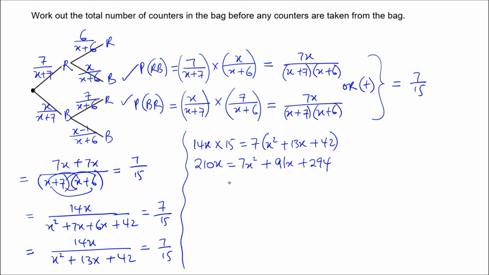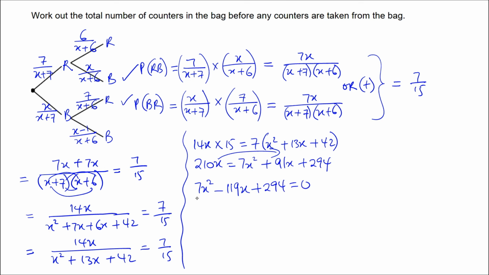Bring everything to one side. So you'll have 7x squared minus 119x plus 294 equals 0.